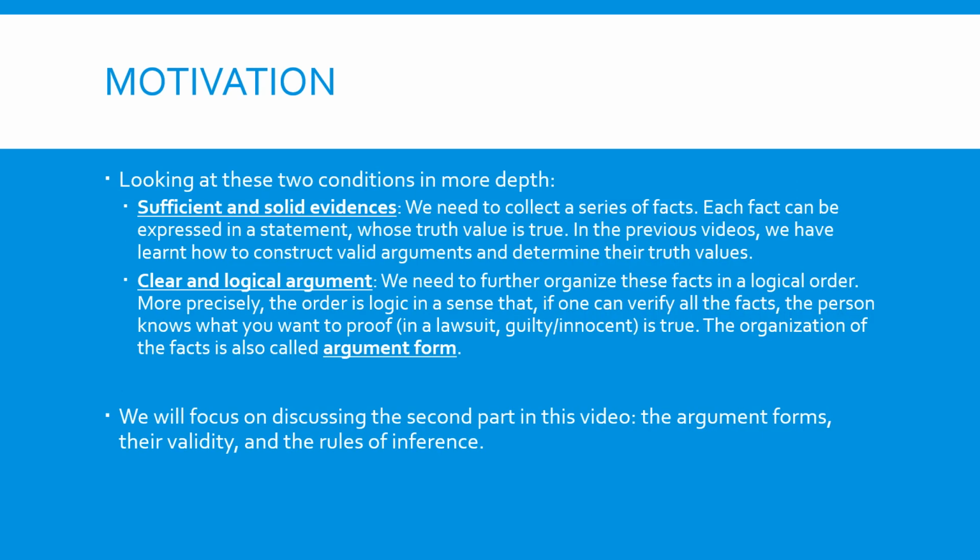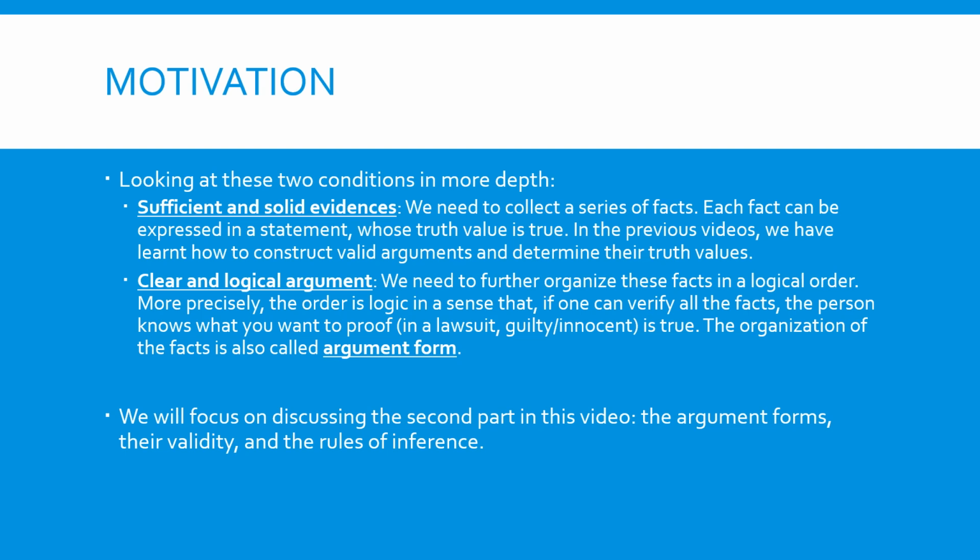We can formalize these two components in mathematical proof. For the first part, we consider each evidence as a fact or a statement. To provide sufficient and solid evidence means that we need to provide a set of sufficient, relevant, and true statements. The ways to construct true statements can be found in the previous videos.